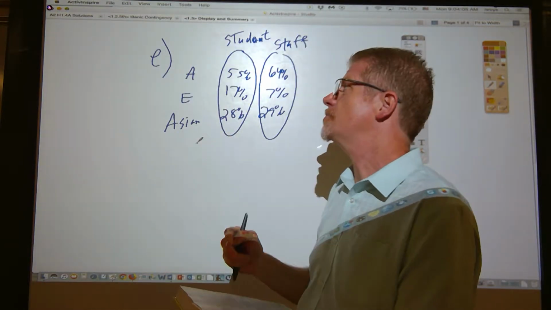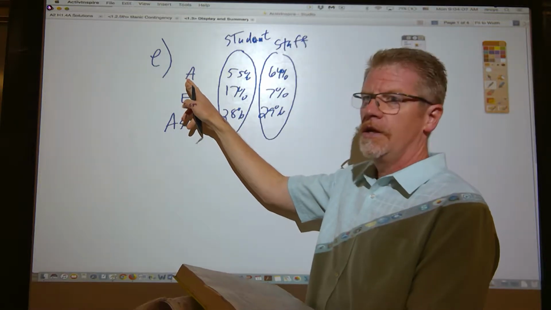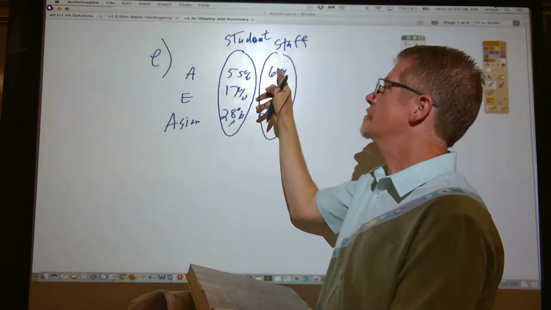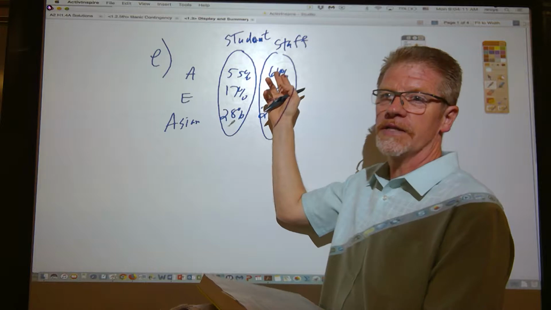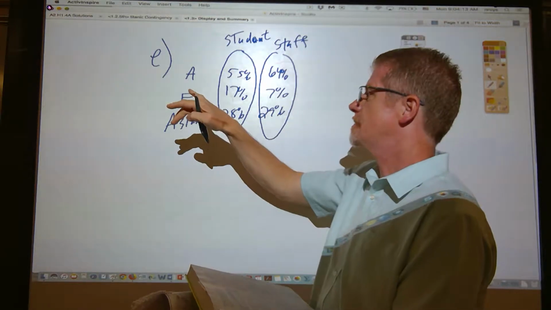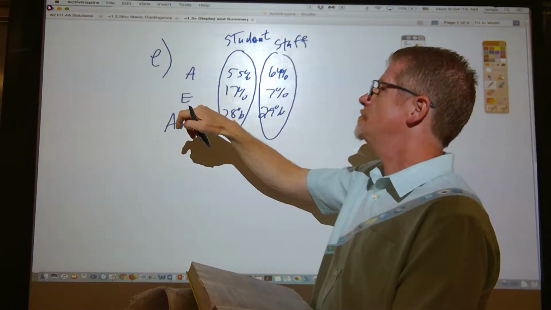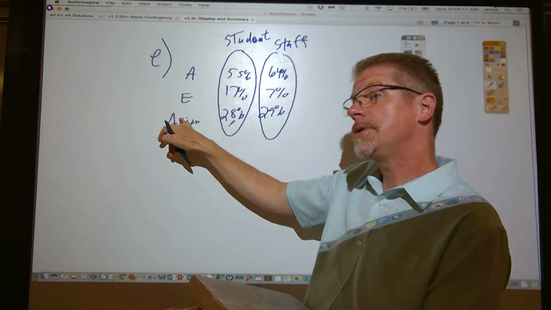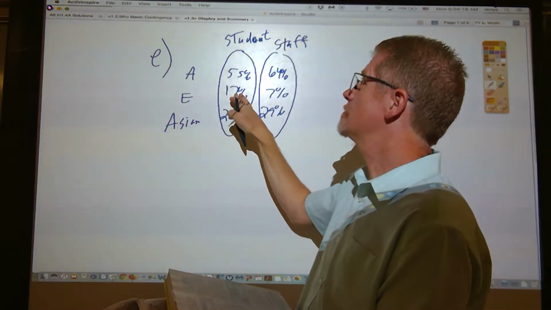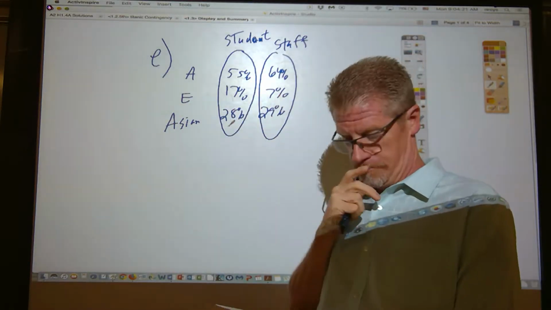So what was the distribution of driver for Americans? It was a certain percent students, a certain percent staff. Those two numbers would have added up to 100%. What's the distribution of driver for the category of European cars? Well, there it's blank percent student, blank percent staff.